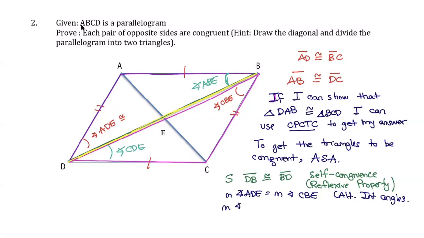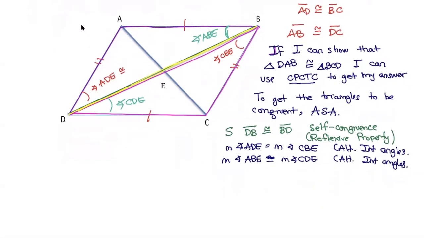So the measure of angle ABE is going to equal the measure of angle CDE because they are also alternate interior angles. And now I have what I was looking for. I have a side and I have the two angles that bound the side. And so I can use the ASA theorem to show that the two triangles that I've highlighted are congruent. So here we go.